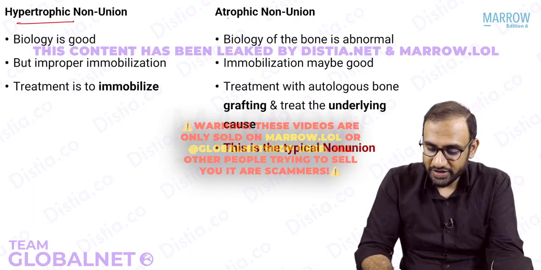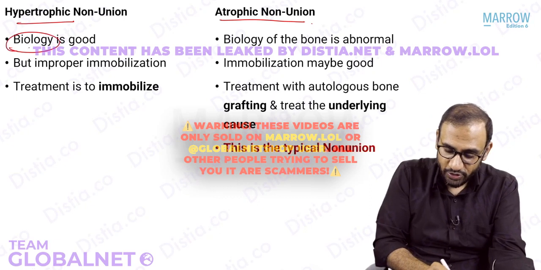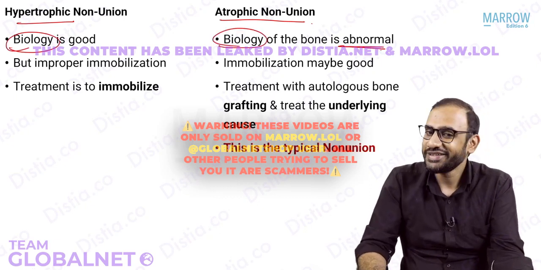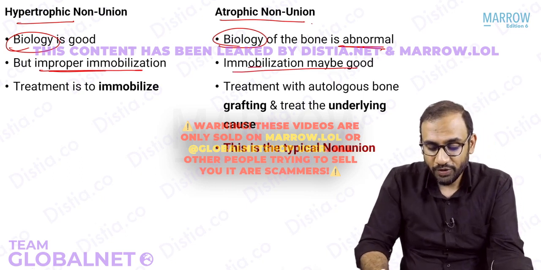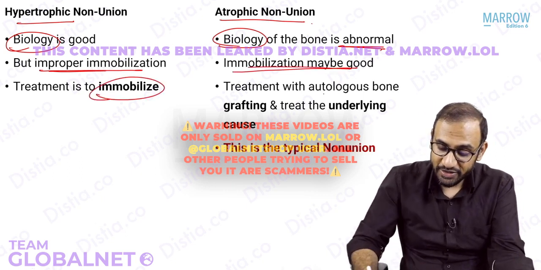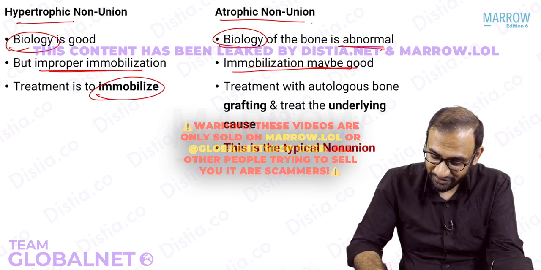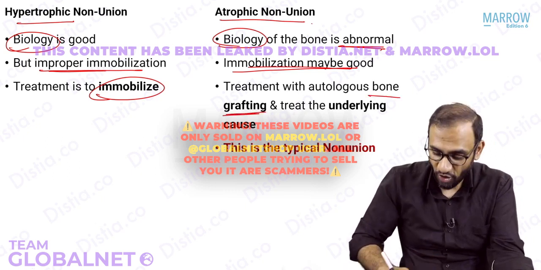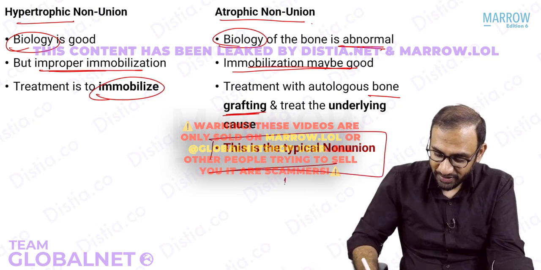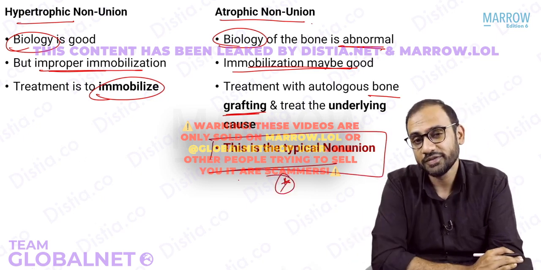Hypertrophic non-union versus atrophic non-union. Biology is good versus biology is abnormal. Improper immobilization versus immobilization may be good. Treatment is to immobilize versus treatment is to immobilize as well as give bone grafting.